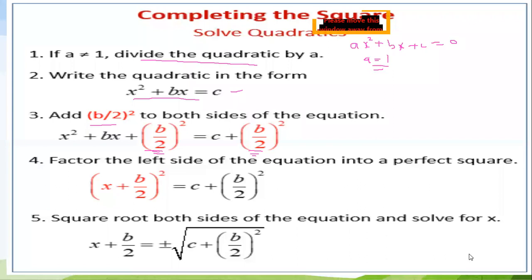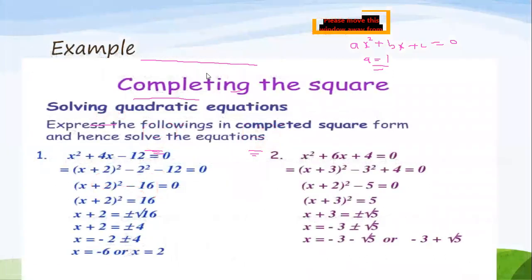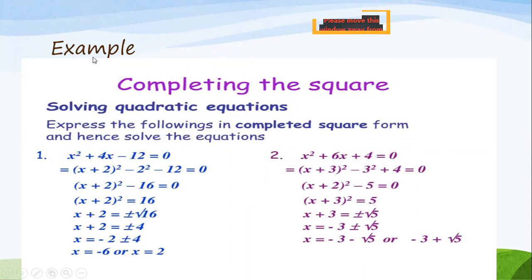Let us look at an example of how we can use completing squares to solve quadratic equations. The first equation here is x squared minus 4x minus 12 equals 0.